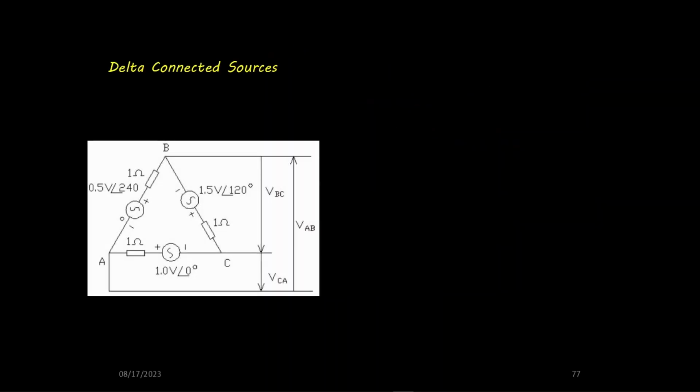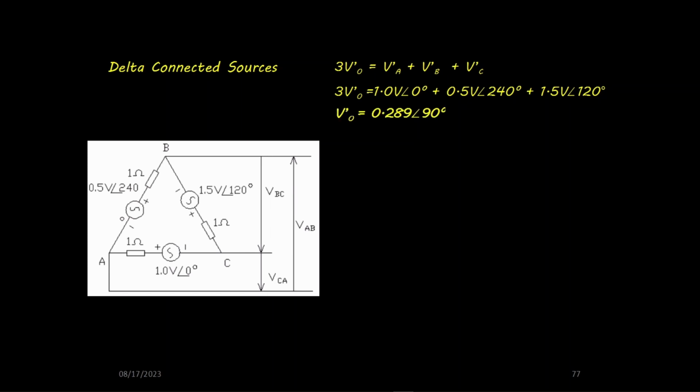The zero sequence voltage is 3V0 equals VA plus VB plus VC, which is 1.0 volts at 0 degrees plus 0.5 volts at 240 degrees plus 1.5 volts at 120 degrees. V0 equals 0.289 at 90 degrees. The zero sequence current is I0 equals V0 divided by Z equals 0.289 at 90 degrees.